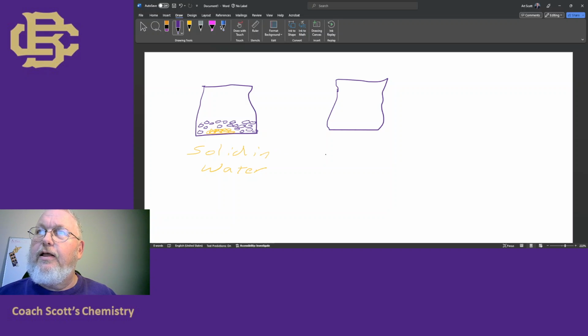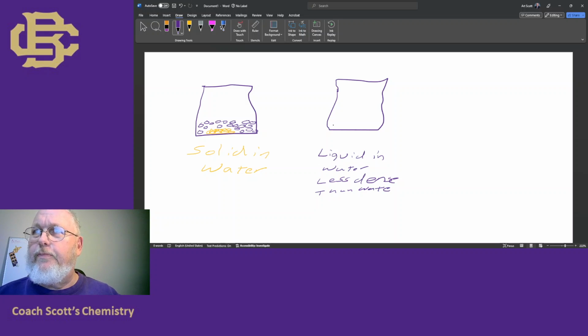So a liquid in water. Less dense, let's write that down, less dense than water, which means it'll float, right?